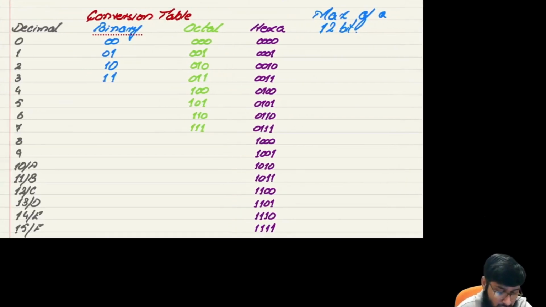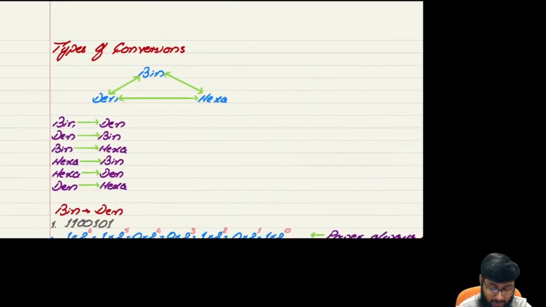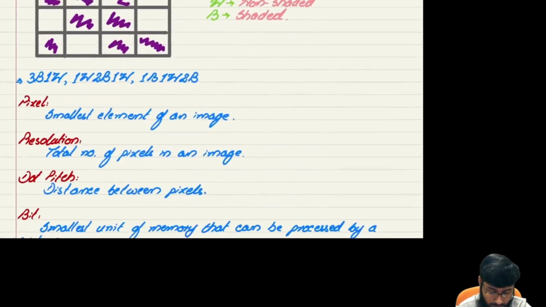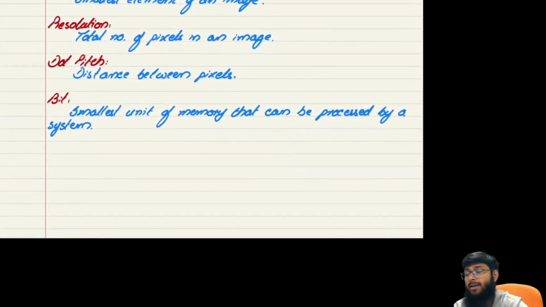Okay, moving ahead further. First of all, I need you to understand the concept of bits. We have a definition of the bit written over here. So what is a bit?